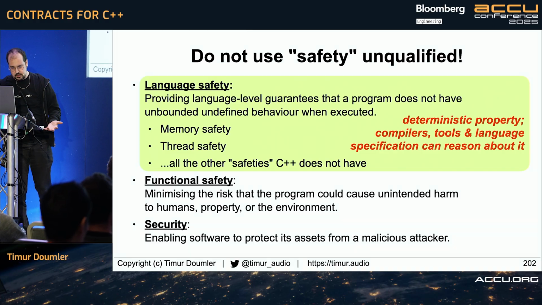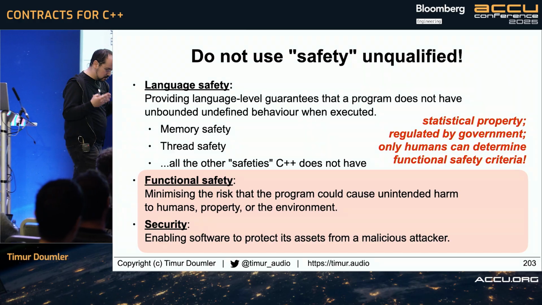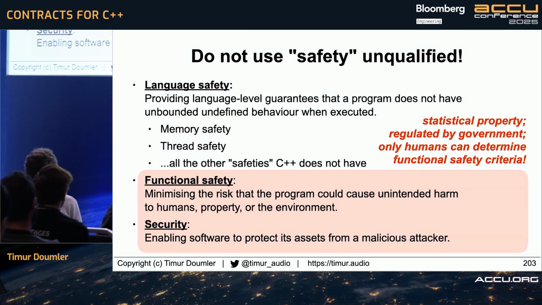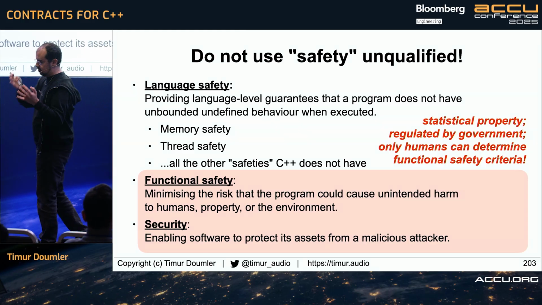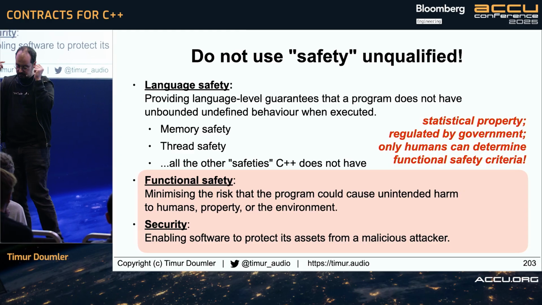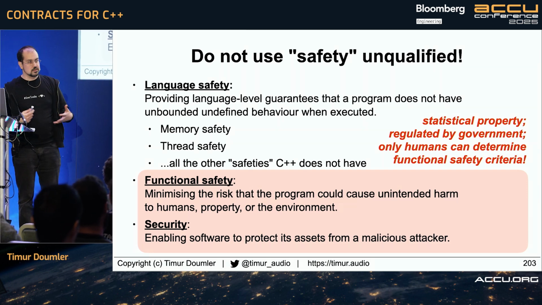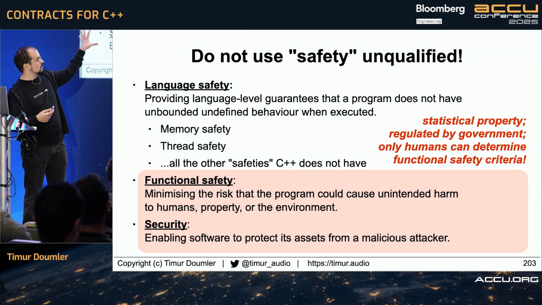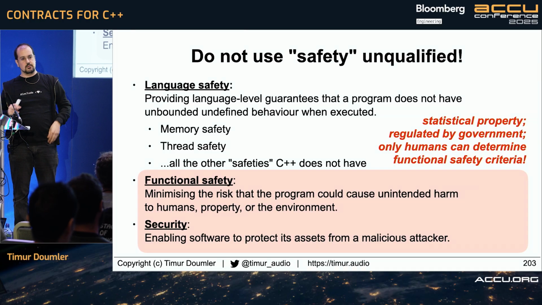They don't remove UB from the language, but they do let you express expectations on your program that only the human knows. The compiler doesn't know that if this is false, you have a bug, but you do, so you can write the contract assertion and add it there. So contracts are very much a safety feature, but they're targeting functional safety. They're not targeting language safety so much, and that's the disconnect that we had for a while.